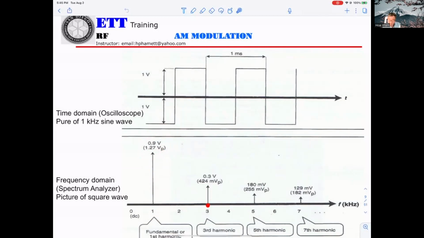And the next one will be the third harmonic. They're not using even harmonics. The third harmonic will be 3 kilohertz, and the value will be 4.24. Fifth harmonic, seventh harmonic, and keep going.